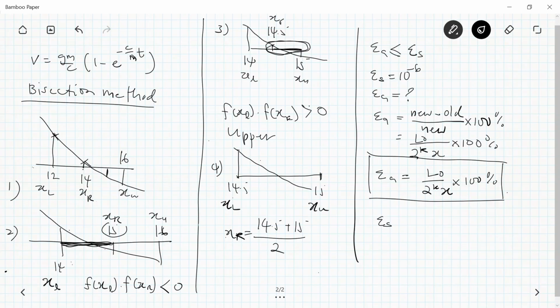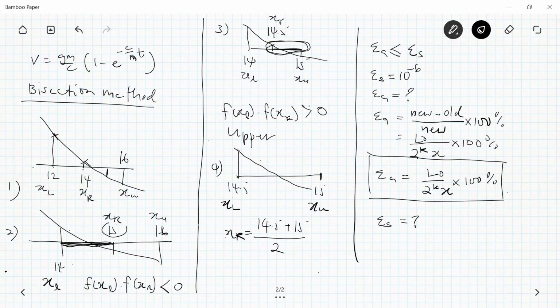And we know that the numerical value for epsilon S is 10 to the minus 6, but in terms of x, in terms of the root, what is epsilon S? So we need to find the relationship between epsilon S and the root x. So how do we do that?